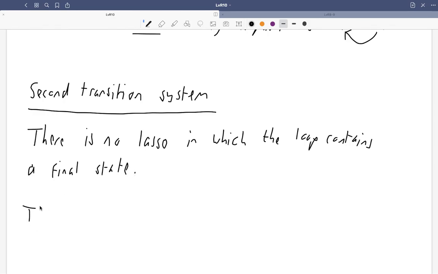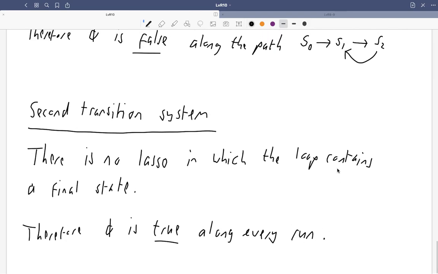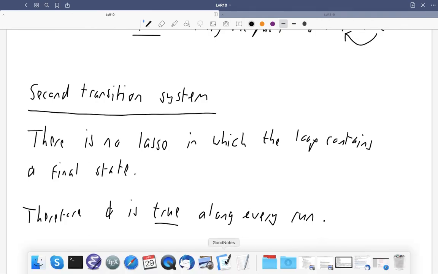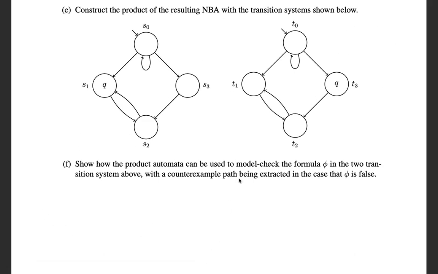So therefore, phi is true along every run. So we have successfully verified that the formula phi holds in this transition system.